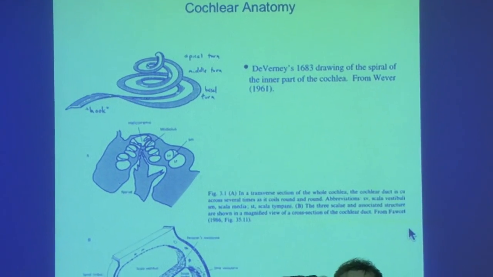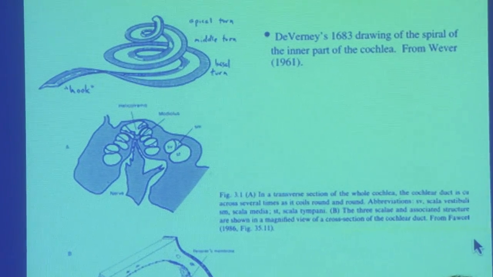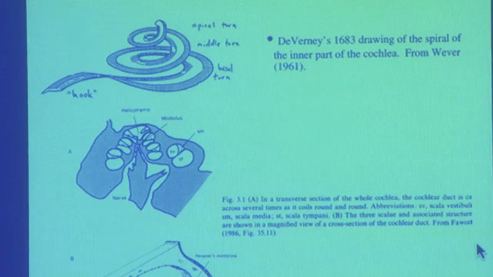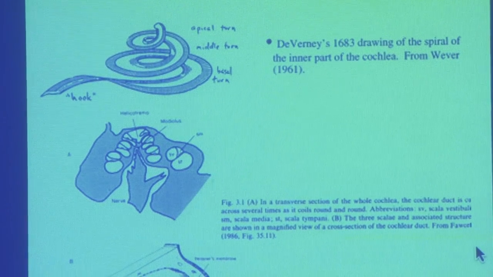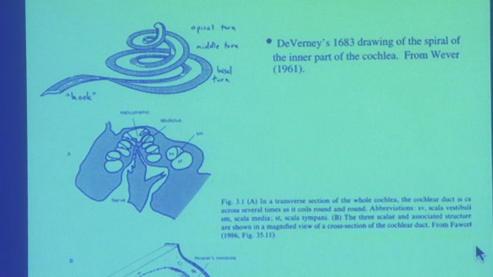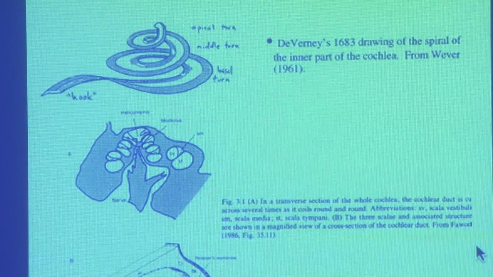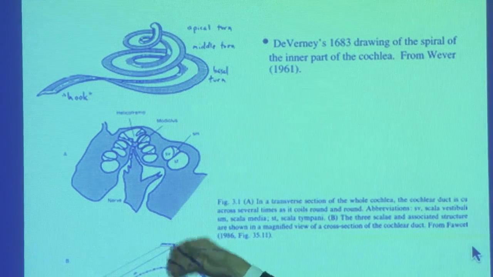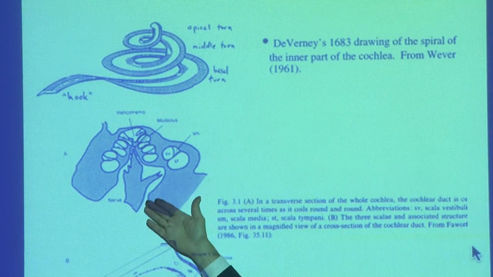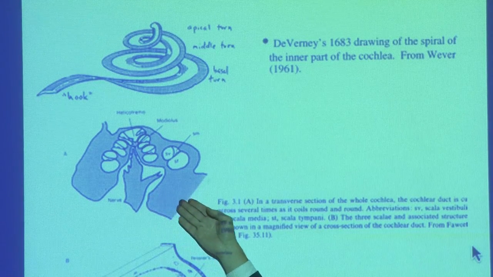Anatomists more recently like to cut sections through structures, and that's because the light microscope, the electron microscope, can resolve very small things like cells and parts of cells very well in thin sections. So if you cut right down the middle of that snail shell and took out a thin section, you'd get this view.